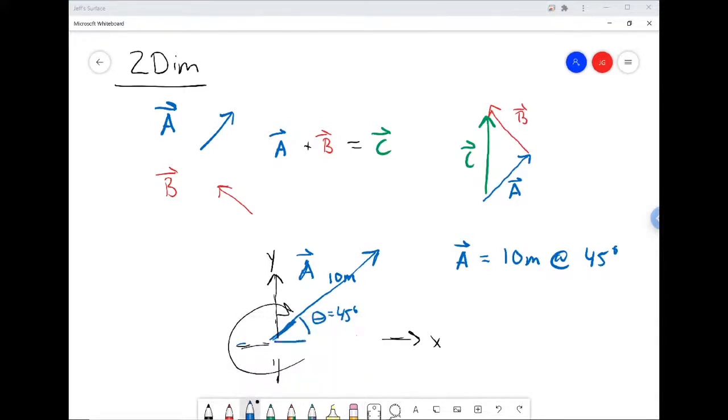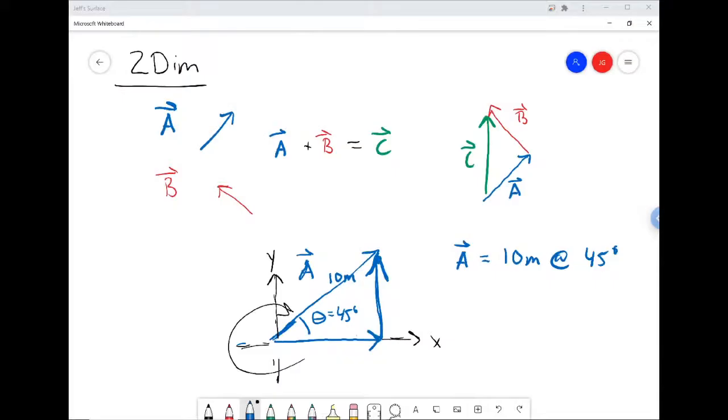A is the sum of a vector that points in that direction and a vector that points in this direction. Okay, so using the tip to tail way of thinking, A is the sum of these two components, and one of them points just along the x-axis and the other one points just along the y-axis.